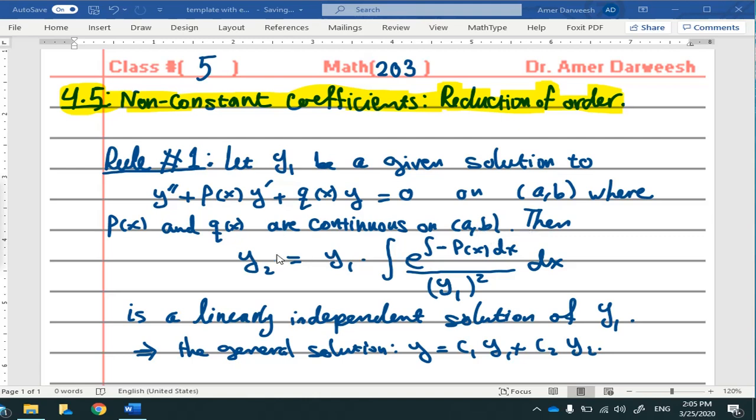Then y2 given by the formula y1 times the integral of exponential of the integral of minus p(x), the coefficient of y prime, dx, over y1 squared, dx. This y2 is a linearly independent solution from y1. Hence, the general solution is given by c1 y1 plus c2 y2.